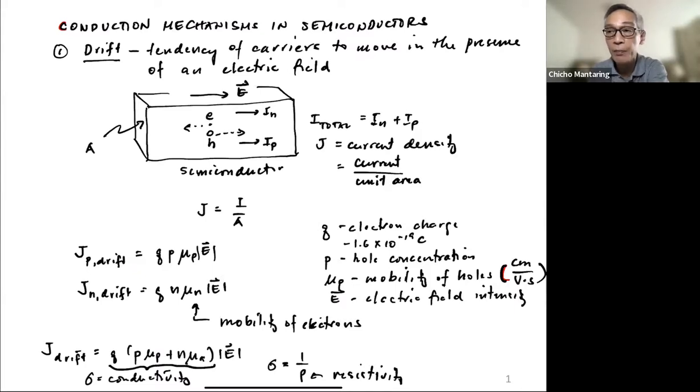As a matter of fact, the mobility of your electron is anywhere from 2.5 to 3 times the mobility of your hole. So if you have an N-type semiconductor, expose it to an electric field, expect the electrons to move faster than if you had a P-type semiconductor exposed to the same electric field. Expect the holes to move slower than the electrons.